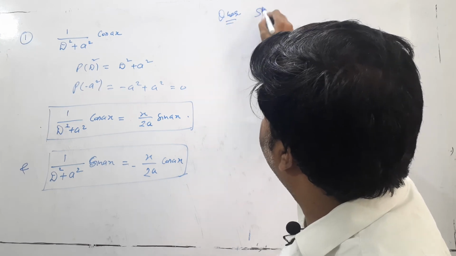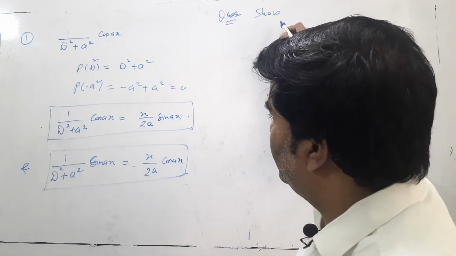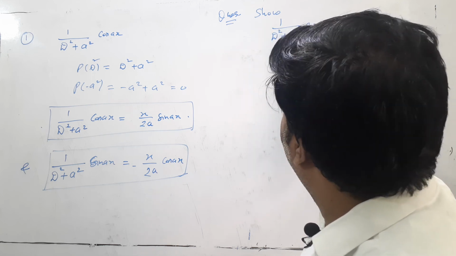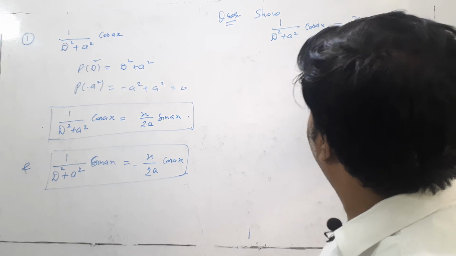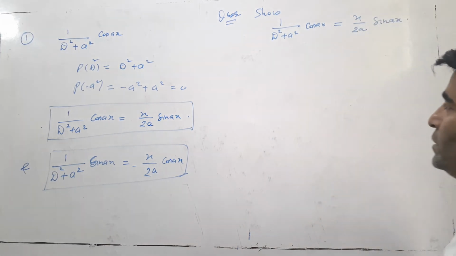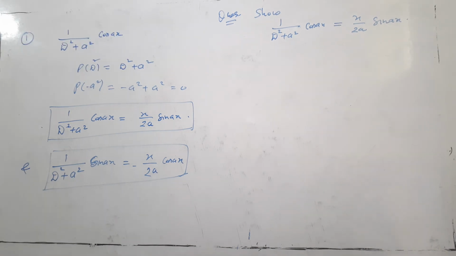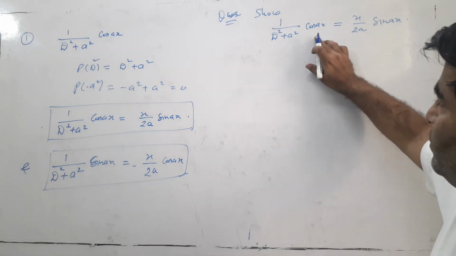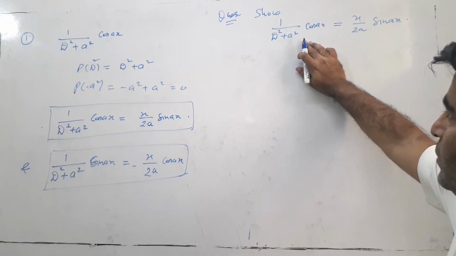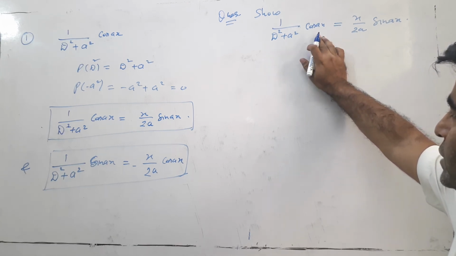Question is, show that 1 upon d square plus a square, cos ax is x by 2a, sin ax. So here actually we have to find the value of 1 upon d square plus a square, cos ax.